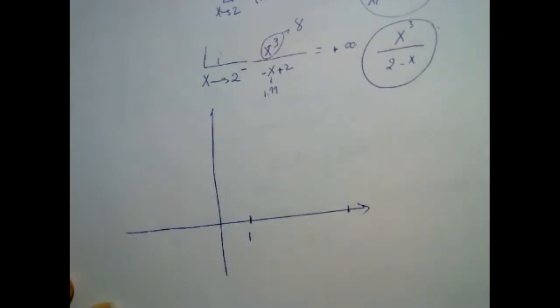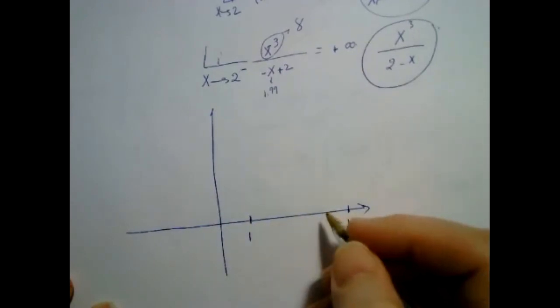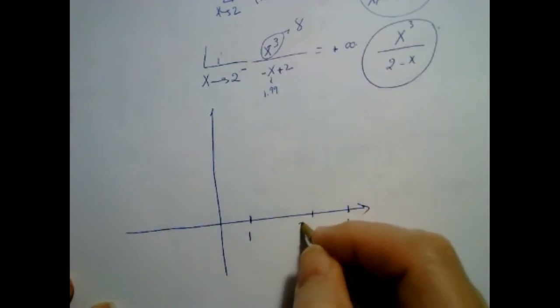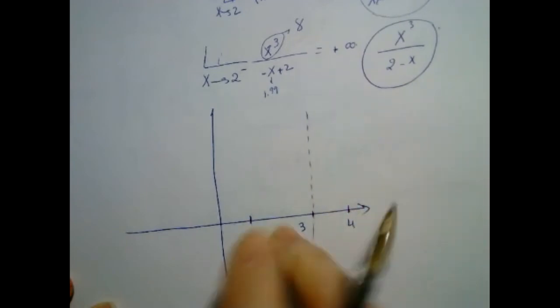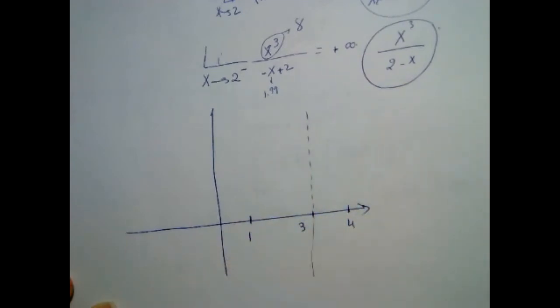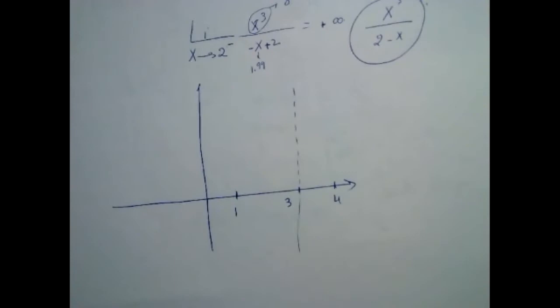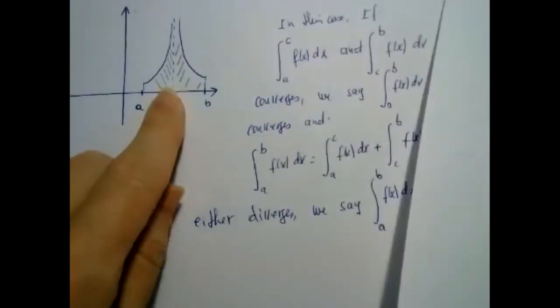This is 1, I don't know, this is 4, and 3 is somewhere here. And I want you to give me an example of a function which is nicely behaved, except at 3, where it blows up. So I want an example of this behavior.